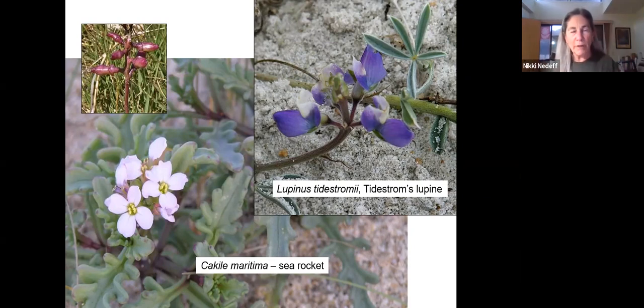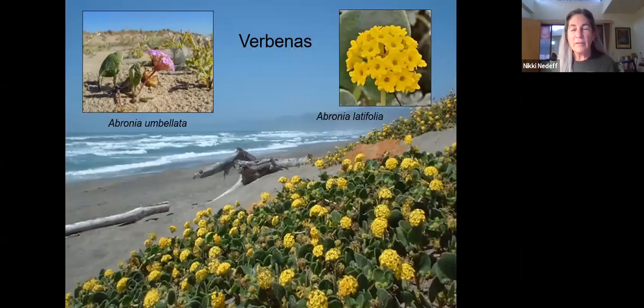So it's understanding your environmental context, understanding what families might be there, what indicators you might see, and then knowing how to use the keys in particular to identify your individual species. You know, really cool things occur in the dunes, like these verbenas.